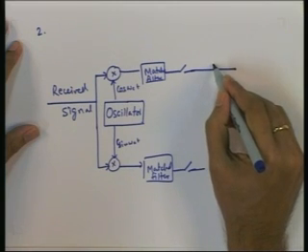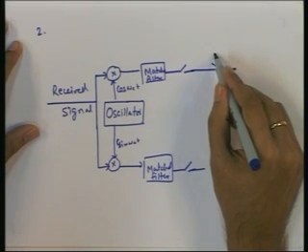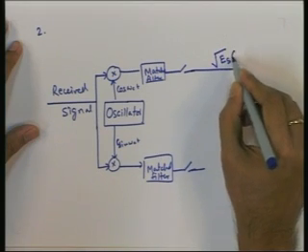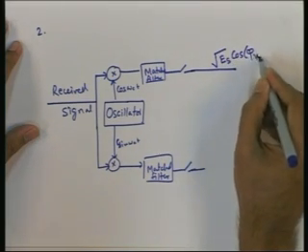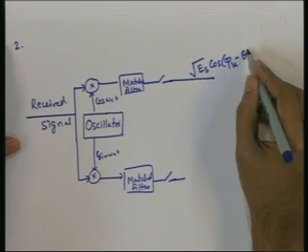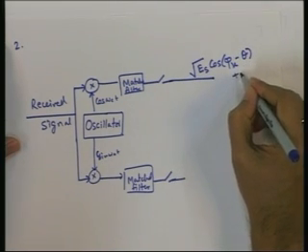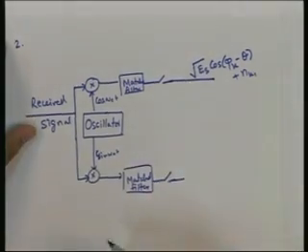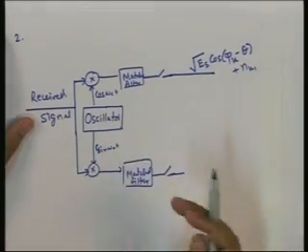Then here we actually get the real part of the received vector, that is root over Es cos phi k minus possibly some constant phase shift theta that we were talking about, plus some noise nk1. This is after doing the correlation with the pulse actually.